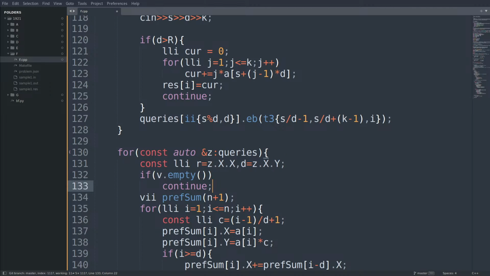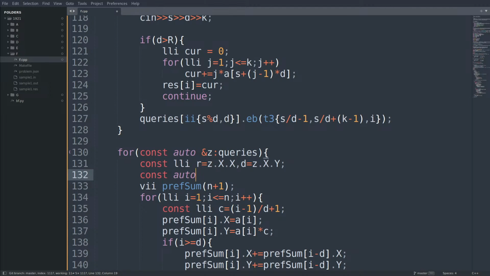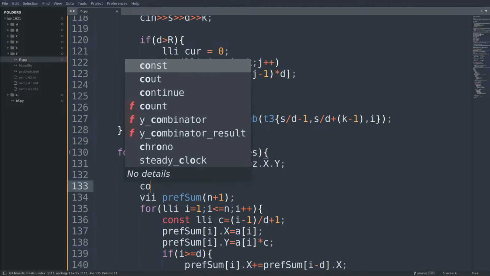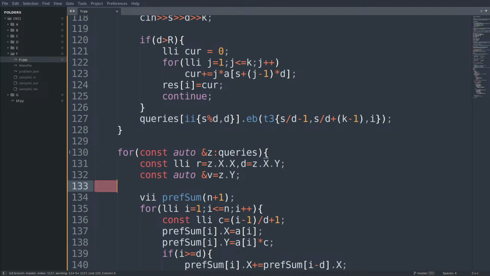Now V is definitely not empty. I can start with R, doing jumps of D and also maintaining J equal to 0.